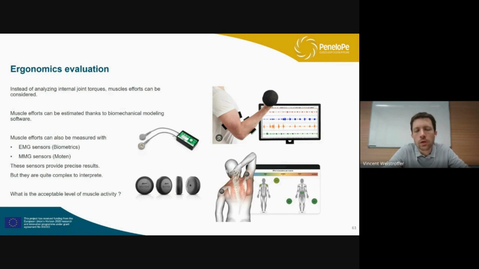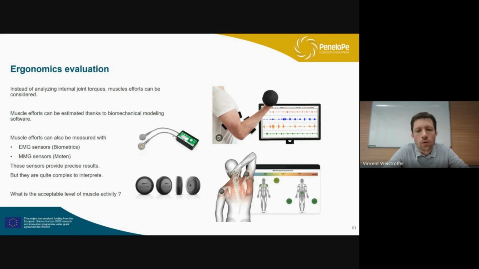They can provide really precise results of the activity of the muscles and the percentage of the intensity of each muscle on which you place the sensors. But it requires really precise and dedicated analysis. It's quite complicated to analyze the results of these sensors.